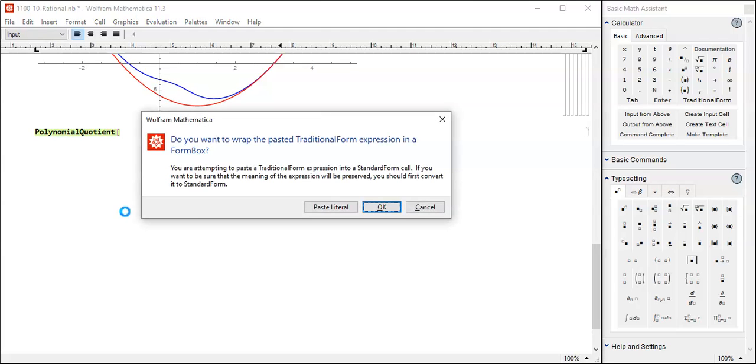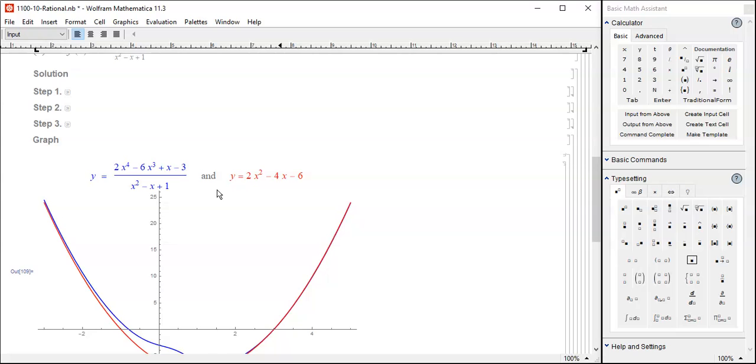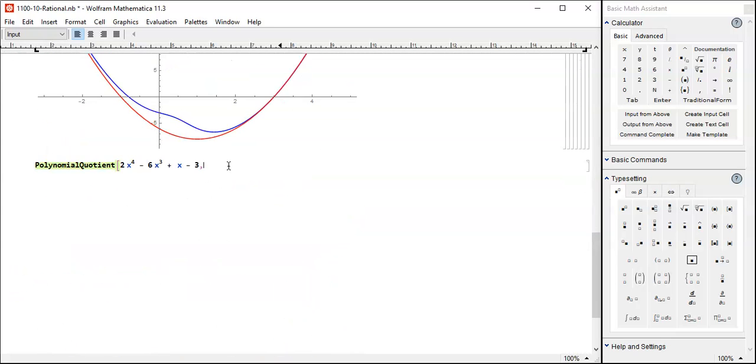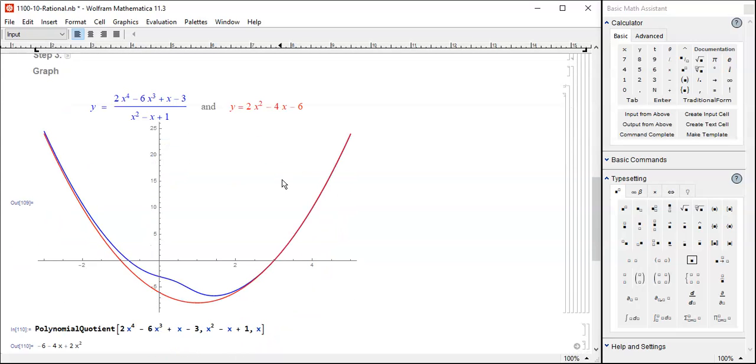Polynomial quotient, and that's the numerator, and then divided by the denominator. And then I have to specify x, and that's my quotient function, 2x squared minus 4x minus 6. That's it.